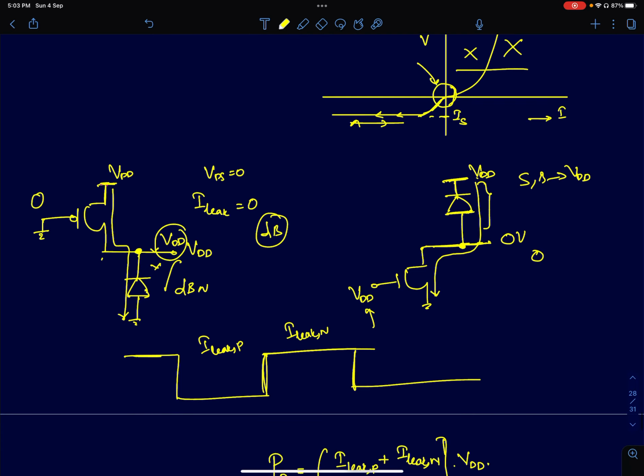Now if you notice this, if your input level is 0, you have a leakage current flowing through the device, and this is your input clock signal.